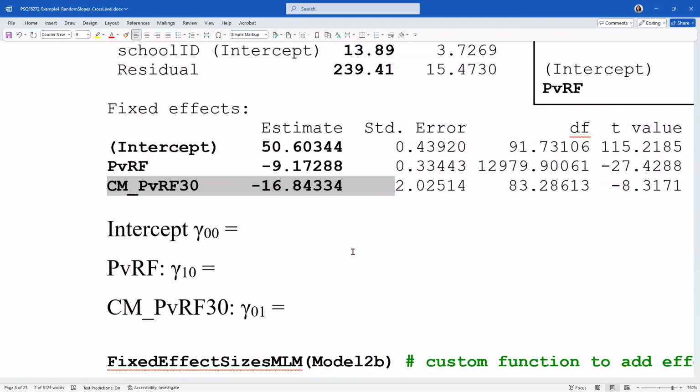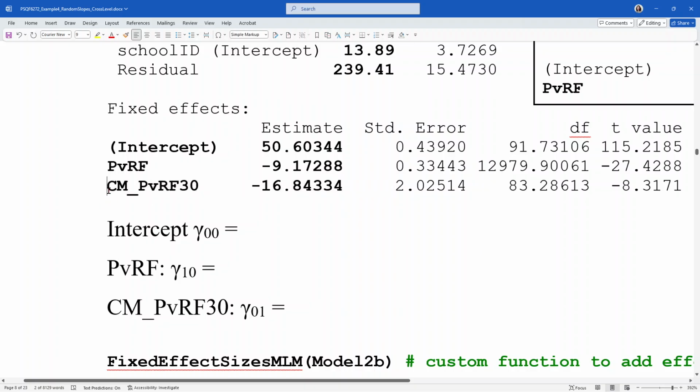Exactly, the proportion of students in a school who get discounted lunch, we'll say at this point, free and reduced. That's what this variable means. Proportions range from what to what again? 0 to 1. So what is a unit change in terms of this slope? It's a proportion. That's 100%. So 16 is the difference between a school with no poor kids and all poor kids.